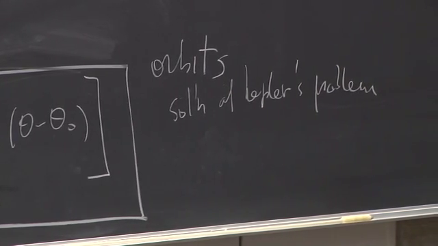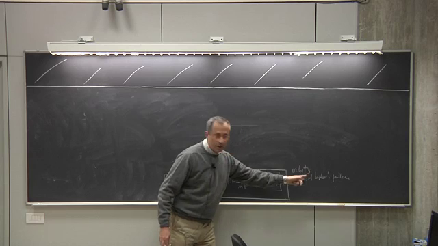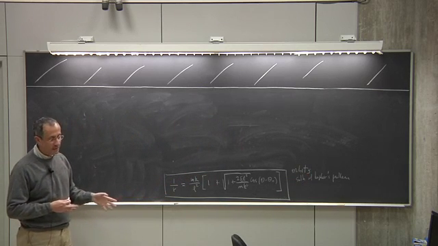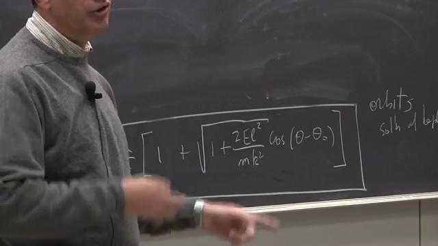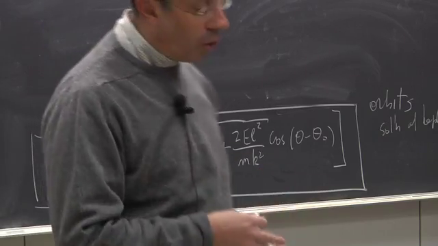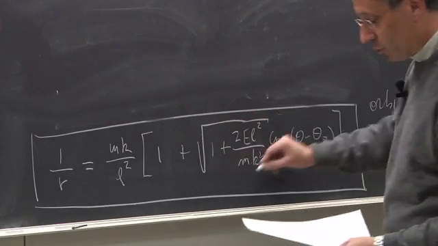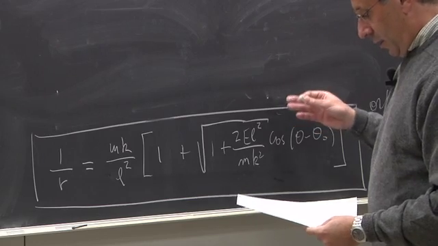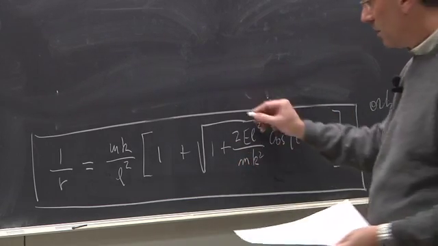First let's discuss. You see, I wrote orbits because here you have a family of orbits, and they depend on whether this coefficient is larger or smaller. Let's give a name to this. I think usually it's called the eccentricity.